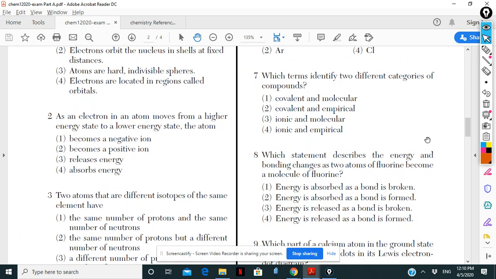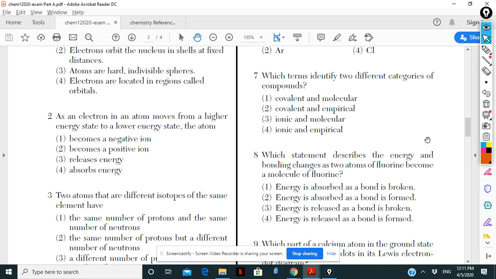Which terms identify two different categories of compound? Covalent is a type of bond, molecular is a type of structure, empirical is a formula, ionic is a type of bond. And by the way, we have ionic compounds and we also have molecular compounds.